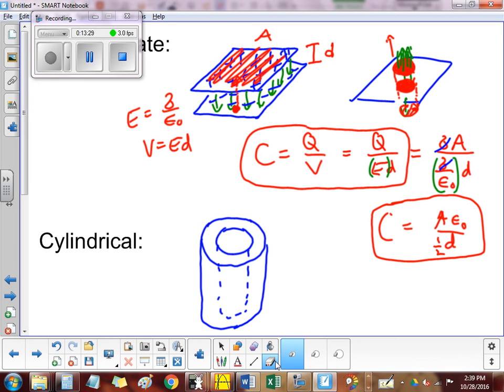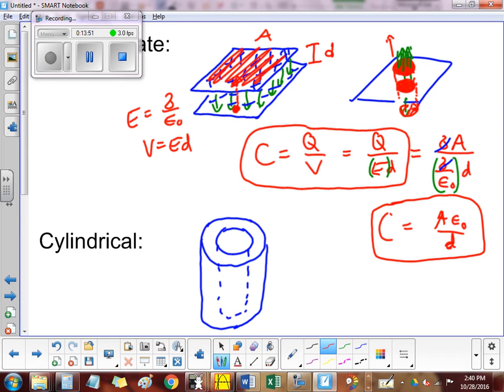So some capacitors that you'll read about, especially if you look up those supercapacitors I mentioned, you'll see that the D value is very, very, very small. I'm talking about being manufactured so the plates are very close together. That maximizes capacitance. And they also make as much area as possible.